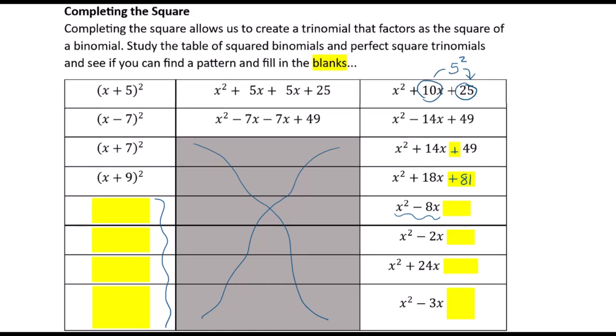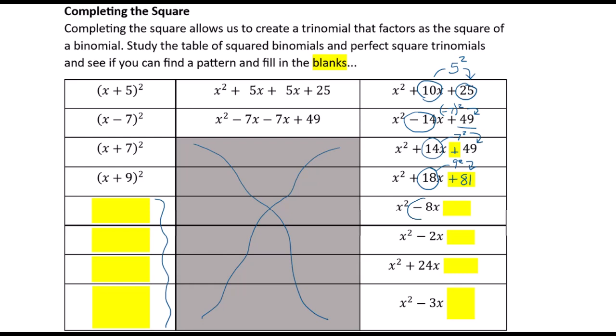Is that consistent? Half of negative 14 is negative 7. Negative 7 squared is 49. Half of 14 is 7. 7 squared is 49. Half of 18 is 9. 9 squared is 81.